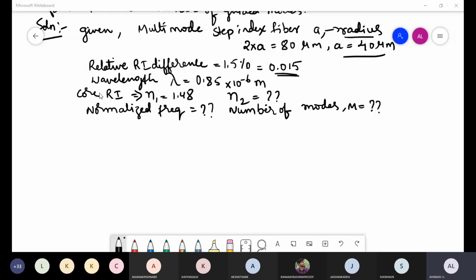When we are seeing the solution, first the numerical aperture value. Numerical aperture NA is equal to n1 into (2 delta) to the power of 1 by 2. So there is no need of the cladding value if they give the relative refractive index difference value.